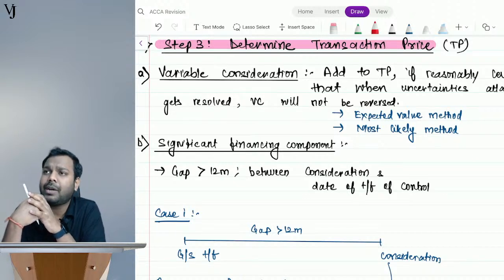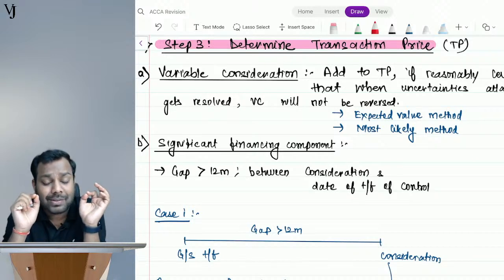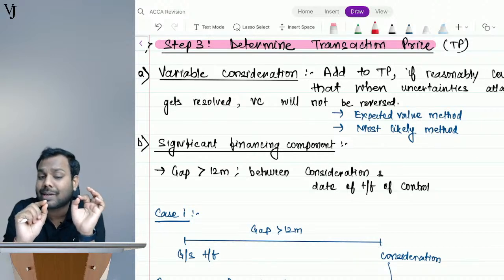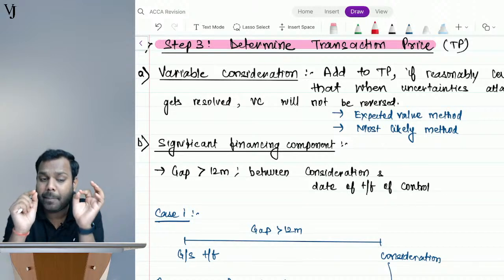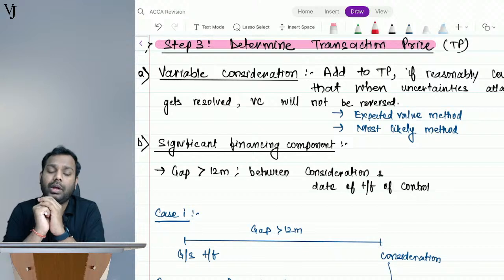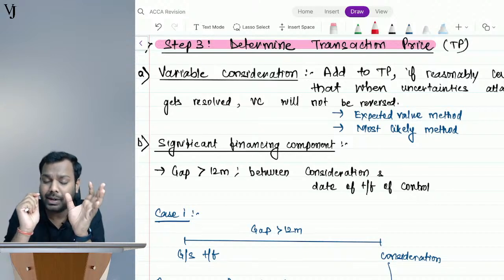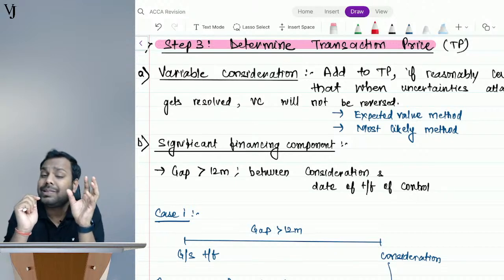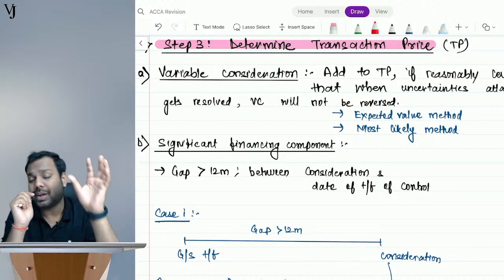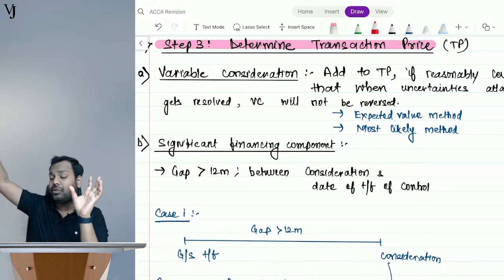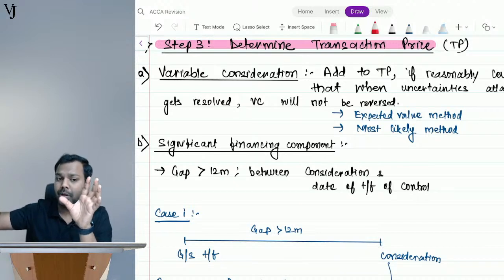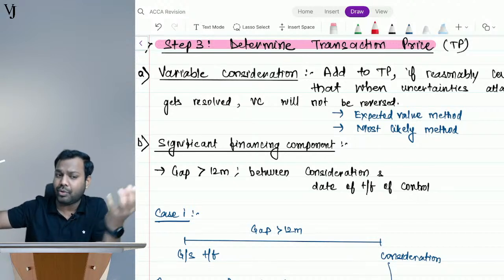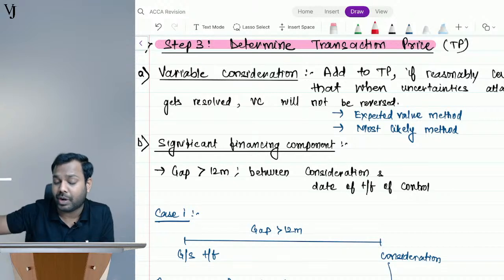The standard says that yes we can, but it also attaches a condition: provided there is a reasonable assurance or certainty that whenever the uncertainty gets resolved in the future, this variable consideration which you are recognizing as a revenue now will not be reversed.